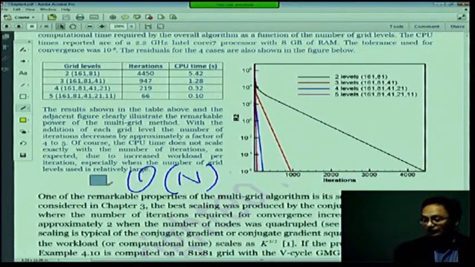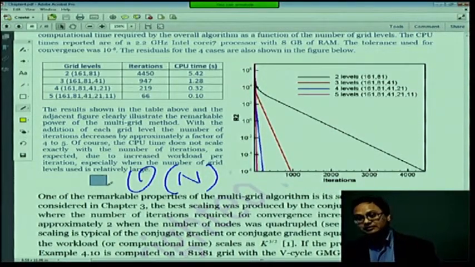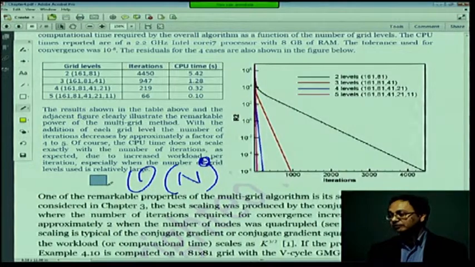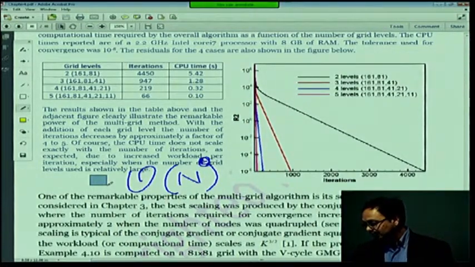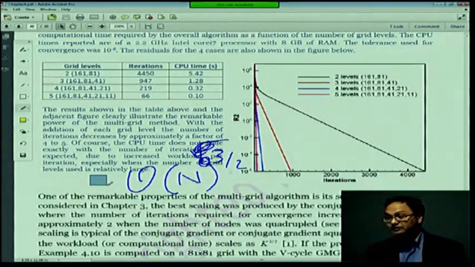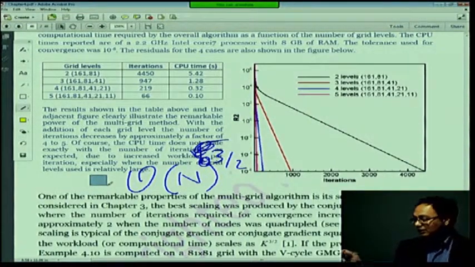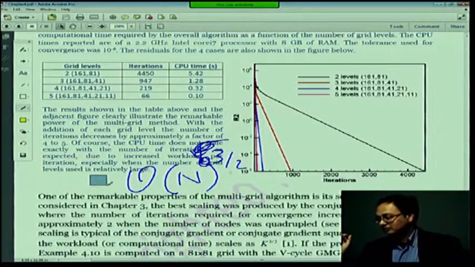For example, one of the other powerful methods, conjugate gradient, has a power of 3/2, something like that. The other iterative solvers that you've been using typically have a power of 2 there. This is the only method that gives you almost order n convergence simply by adding another coarse mesh level.